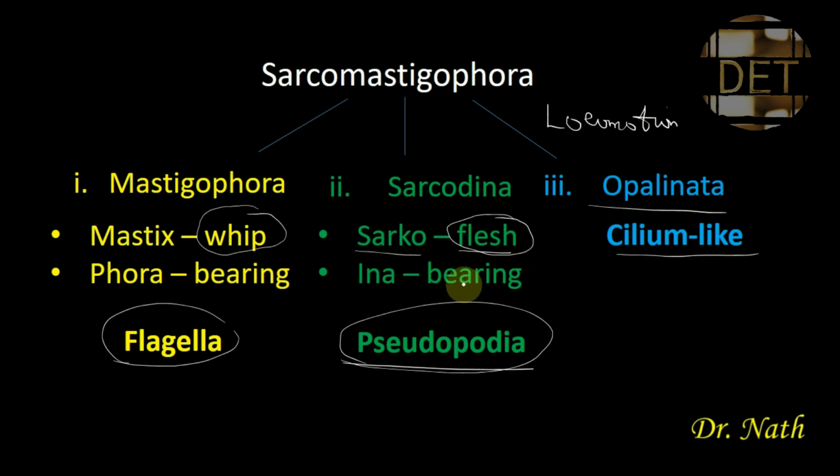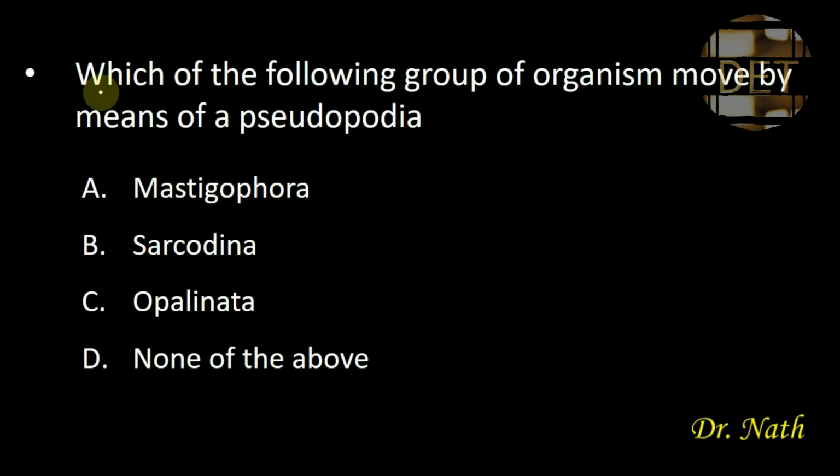Questions can come out of these in different forms. Let's take for instance, which of the following group of organisms move by means of a pseudopodia? Is it Mastigophora? No. Mastigophora move with the help of a flagella, because the word masti is from the Greek word mastis, which means whip, and whip we are referring to as flagella.